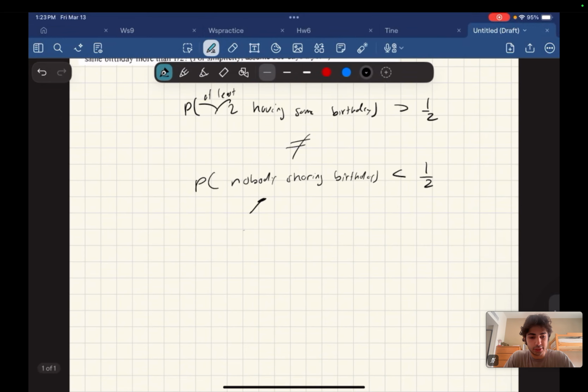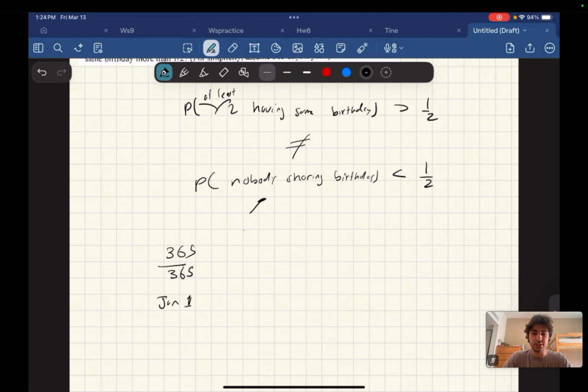The first person can have any birthday. If there's nobody in the room we're trying to consider, the first person who enters that room can have any possible birthday and it'll be allowed, and that's 365 over 365. The next person can have one less allowed birthday. Let's say the first person's birthday was January 1st.